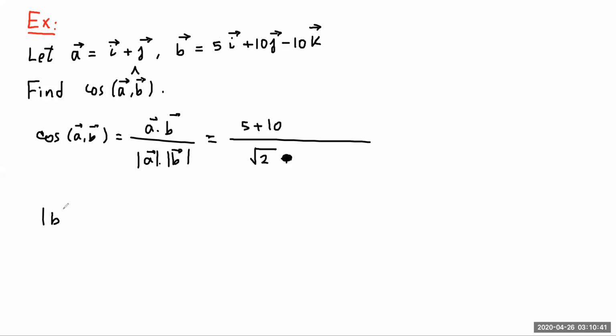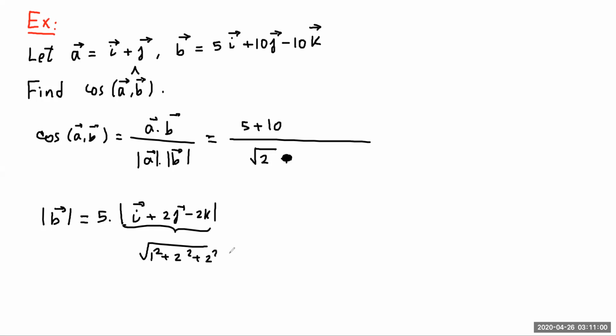Length B equals 5 outside, times the length of i plus 2j minus 2k. So this length is root of 1 power 2 plus 2 power 2 plus 2 power 2, so it's root 9, which is 3. So 3 by 5.